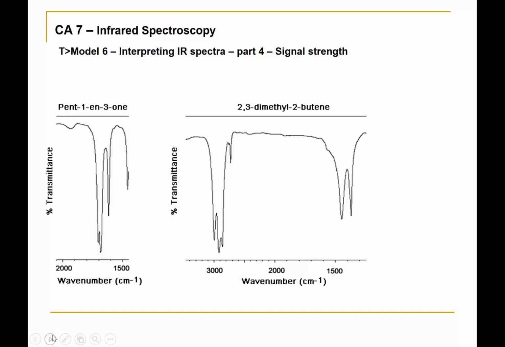Once again, we're looking at pent-1-en-3-one. Let me draw out that structure. What's characteristic about the structure, of course, is the carbonyl group and the alkene. And then we have 2,3-dimethyl-2-butene.